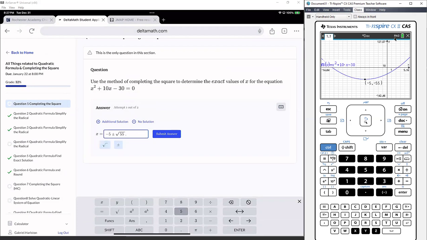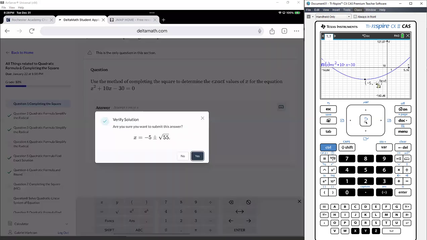That's what we got. The x part is the negative 5. This part here, we take the positive of this and we take the square root, whatever that number is, as long as it's not a decimal, and that's going to be our simplified form most of the time. So that's it. So we're going to go submit.